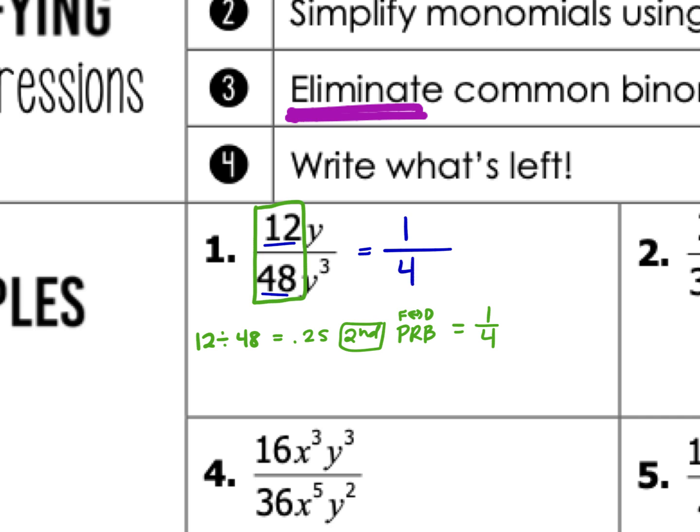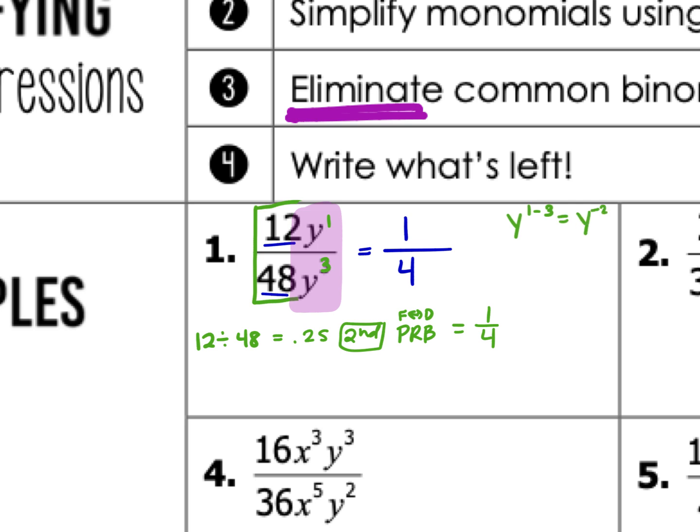Then we're going to look at the variables. That's the y over y to the third. If you recall, we did this with exponents earlier. This is essentially y to the first and y to the third. So you're subtracting them. You can think of it as y to the 1 minus 3, which would be y to the negative second.